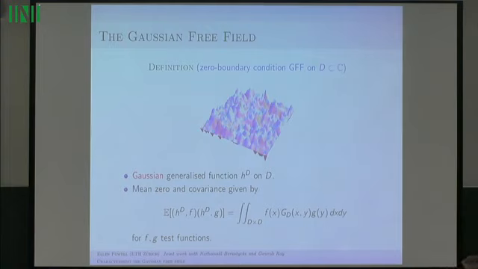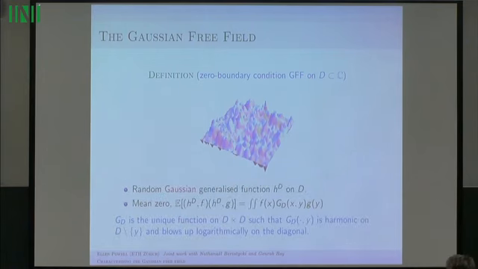So we don't know how to evaluate it at points, but we know how to test it against smooth functions, with a specific mean and covariance structure. So it's going to be centered, and we're going to be able to say what the covariance is if we test our field against any two test functions, and it's going to be given by integrating against the Green's function. Alternatively, and this will be important for the rest of the talk, we can think of the Gaussian free field as being some Gaussian process indexed by the set of test functions in the domain. Okay.